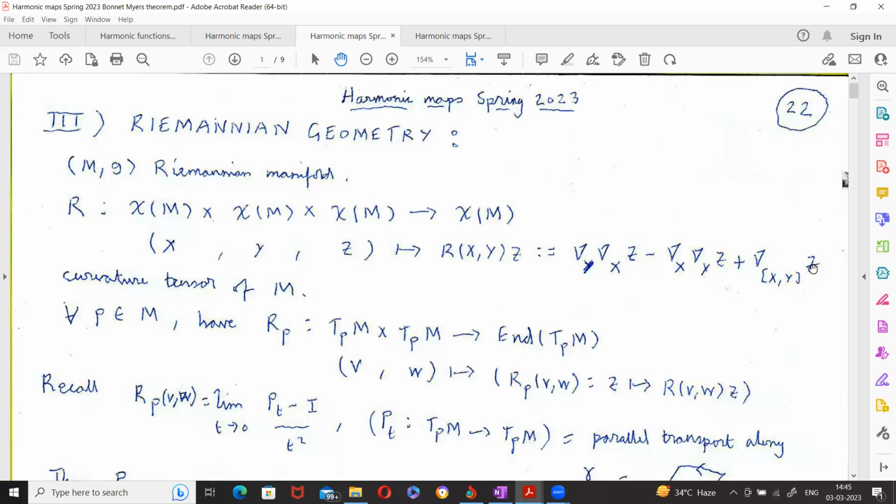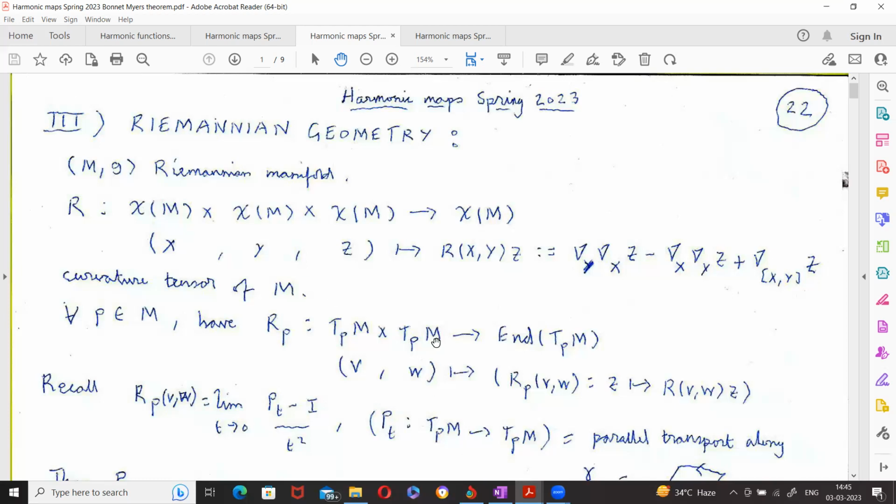We defined this for any connection on a vector bundle, right? So in this case, we're taking the connection to be the Levi-Civita connection and the vector bundle to be the tangent bundle. Yes, it's clear. So it's a special case of the curvature of a connection on a vector bundle. This is called the Riemannian curvature.